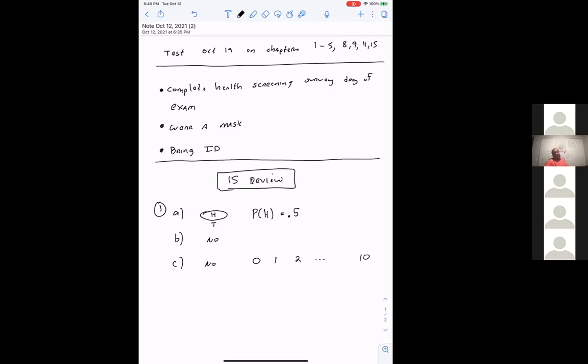So there are actually 11 outcomes. Now, those 11 outcomes are not equally likely. You're much more likely to have 5 than you are to have 4 or 3 or 2 or 1 or 0, correct? But the question is, are you more likely to have 5 versus having anything else?